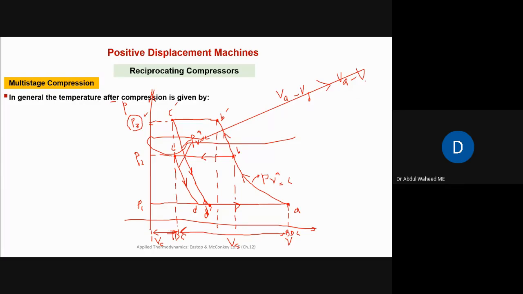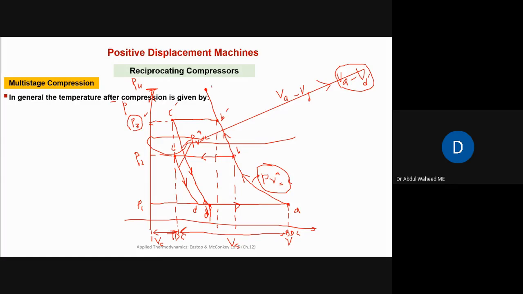So that was VA minus VD dash. So you can see the induced volume is dropped, right? Now, if we want to use the same compressor for even more high pressure till this point, let's name it P4, it means that this compression should continue till this point, following the same equation, PV to the power n.